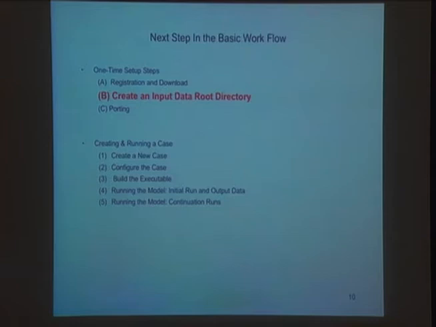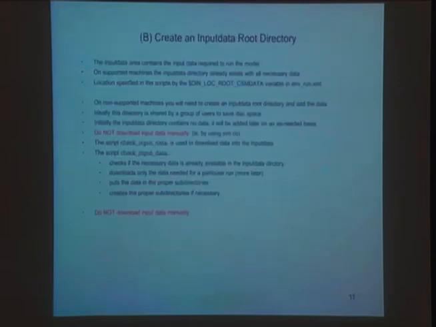Okay, so that was getting the source code and roughly what you get. And then another one-time setup is you need to create a directory where all your input initial condition data will reside. If you're on a machine that we've already ported to, this directory already exists and there's nothing to do.